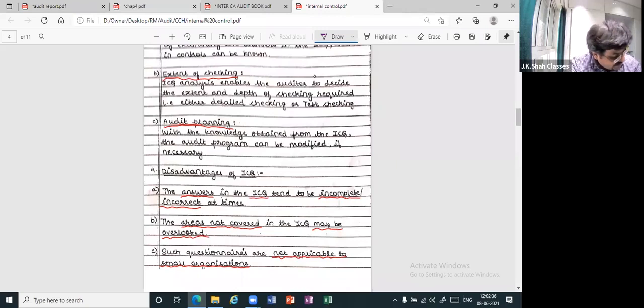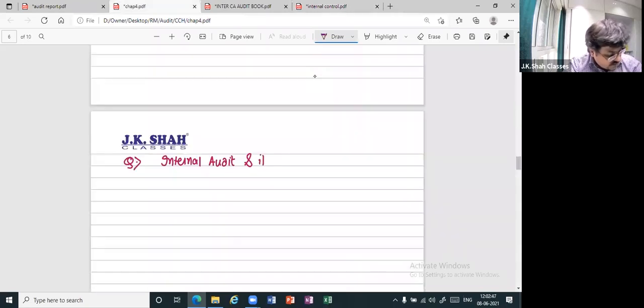Next question: what is internal audit, and its objectives.